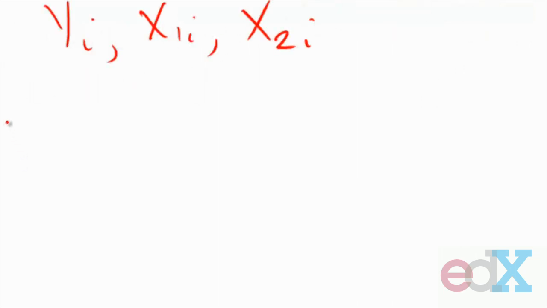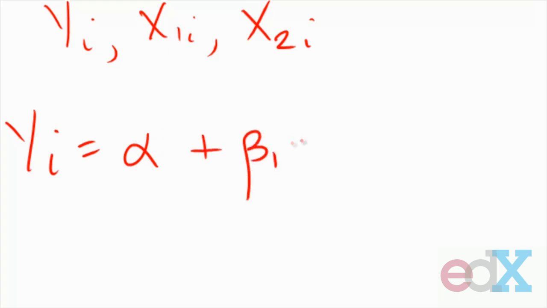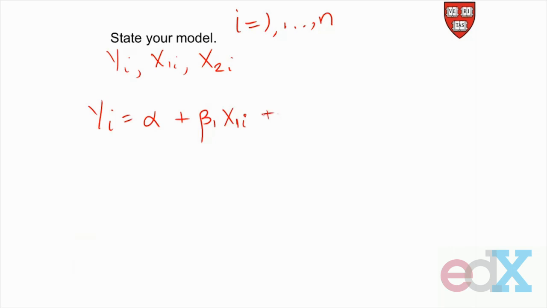So we can write down our multiple linear regression model as yi is equal to an intercept alpha plus beta 1 times x1 plus beta 2 times x2 plus some residual error, where we model that residual error as following a normal distribution with mean 0 and variance sigma squared.